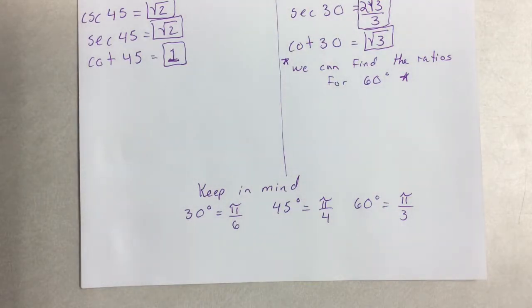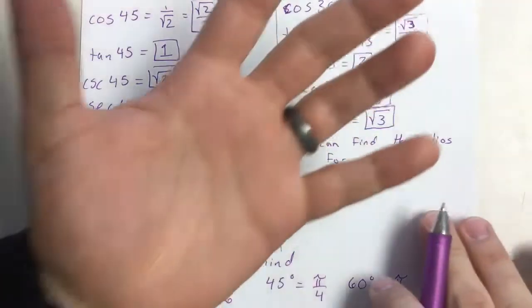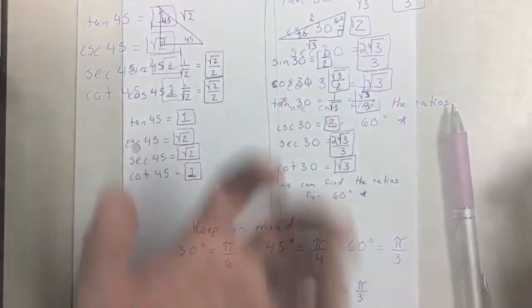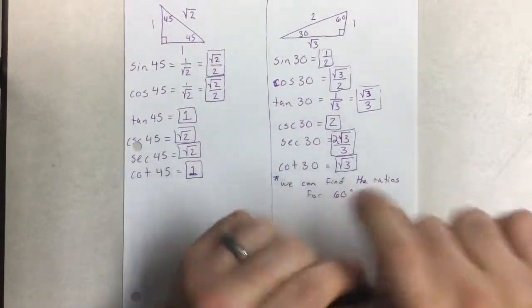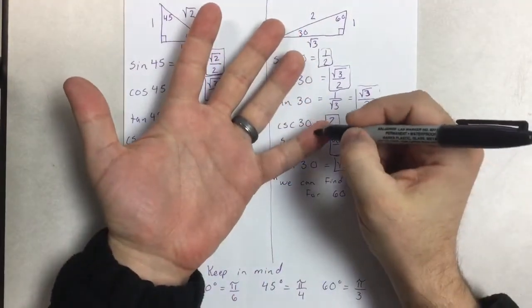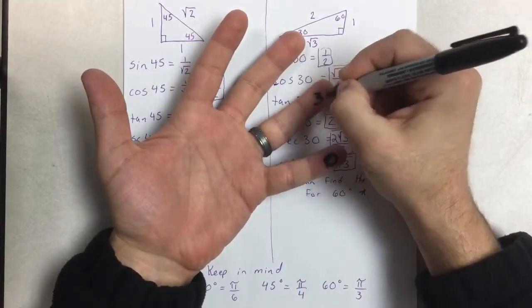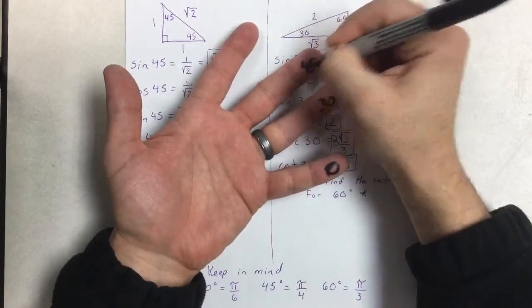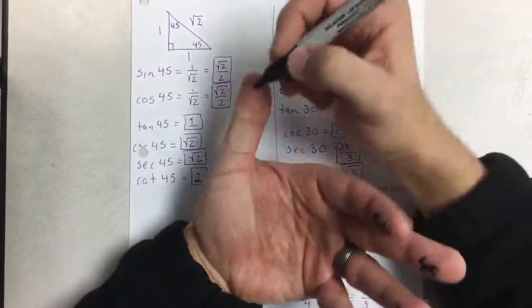But right now, I would like to share with you a way of memorizing all of these ratios using my left hand. Are you ready for this? So, on my hand, I'm going to write certain angle measures. So I'm going to write 0 on my pinky, 30, 45, 60, and then 90 on my thumb.